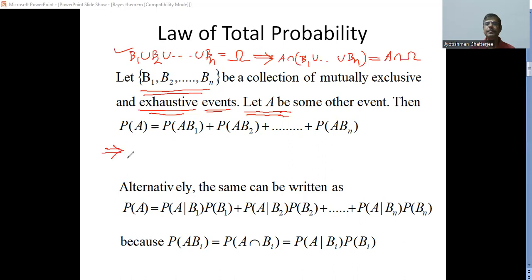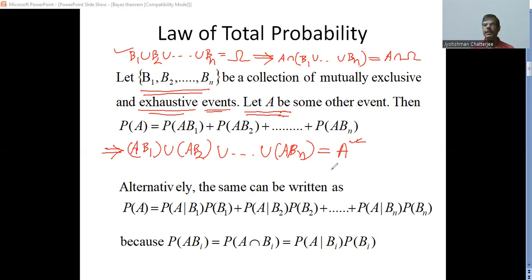Anyway, left-hand side, by distributive law of intersection over union, I can write as A intersection B1, union A intersection B2, union A intersection Bn, and the right-hand side is equal to A because A is a subset of omega. In fact, all these events B1 to Bn and A, they are all subsets of omega. That's why A intersection omega is equal to A.